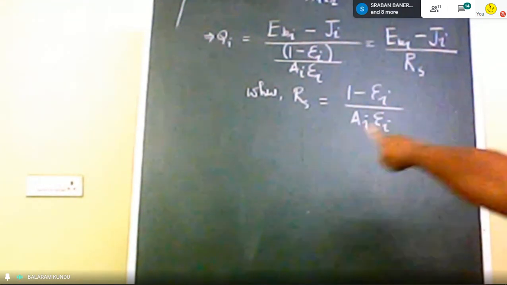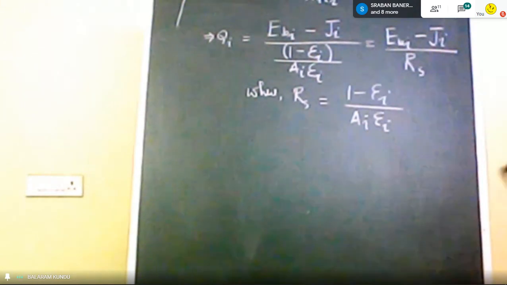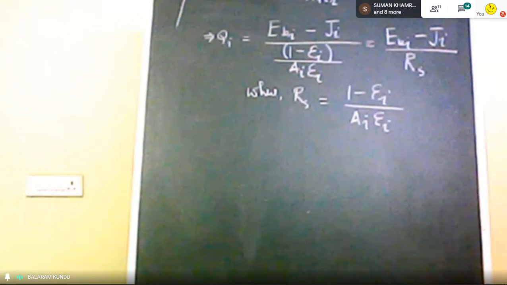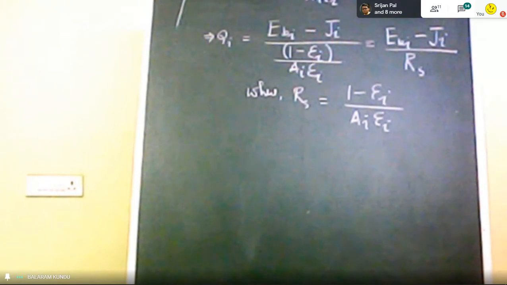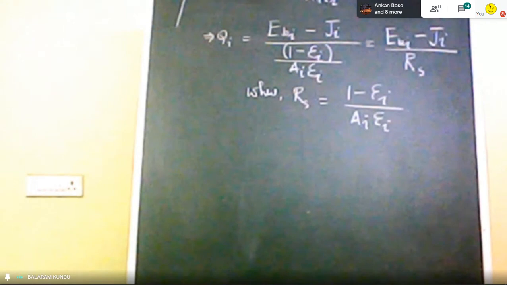So that means surface resistance is a function of emissivity. For a black body, emissivity equal to 1, surface resistance equal to 0, and in that situation the emissive power of a black body should be equal to radiosity. So try to understand here.